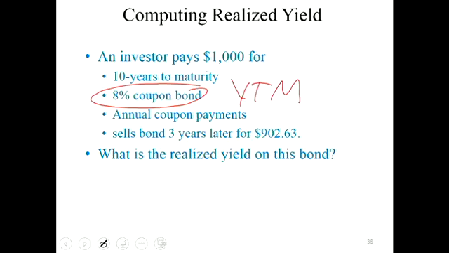If you think about what's happening there, these coupons were paid as usual, but the bond has a $1,000 par value, and you take off the $902.63. How much is that? $97.37. Okay, so that there is a capital loss.